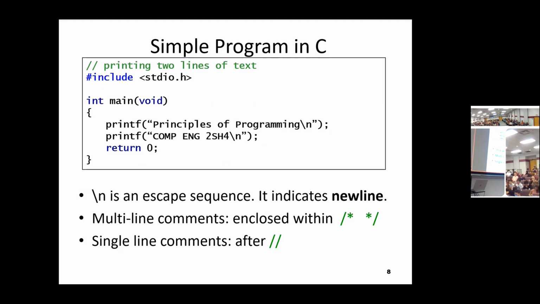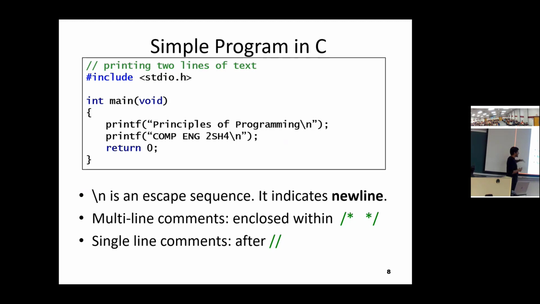So going back to our program, I can split my program into multiple lines. I can use printf multiple times, and printf has a detailed syntax that we'll come into later on. But here, just to show you an example, \n means new line, the same as in Python or any regular expression language, which means I'm printing principles of programming in one line, and then in the second line I print welcome to sh4.